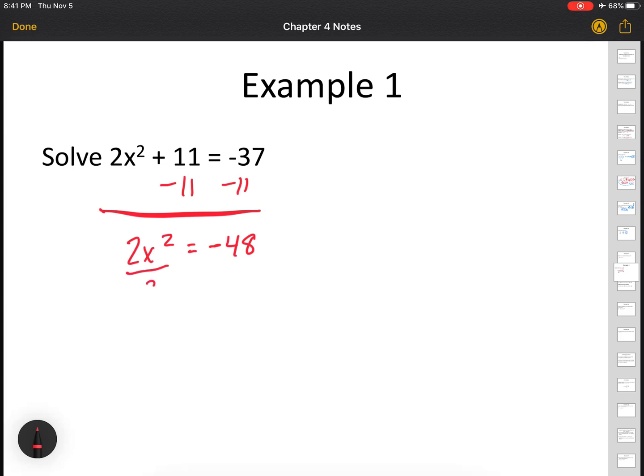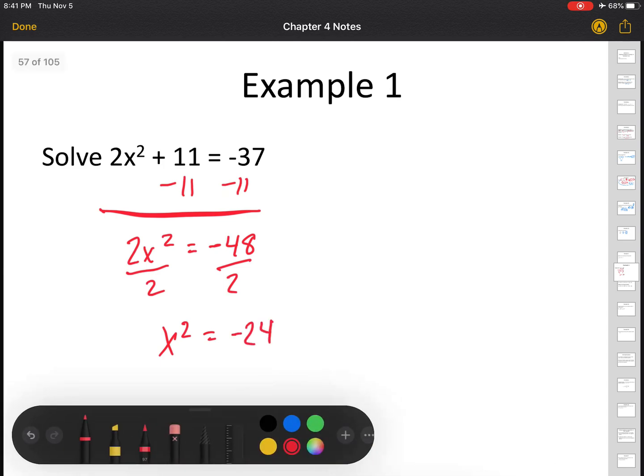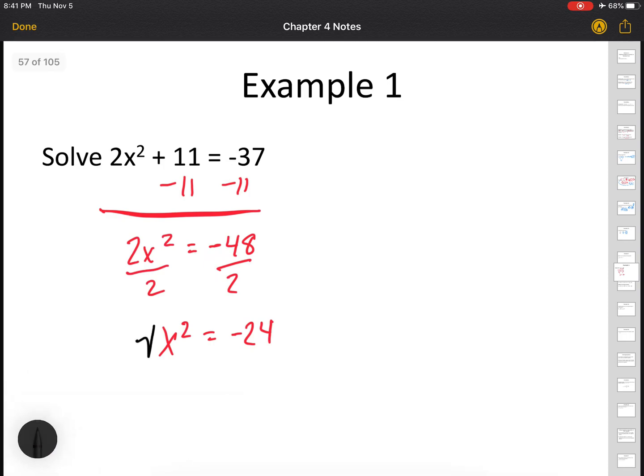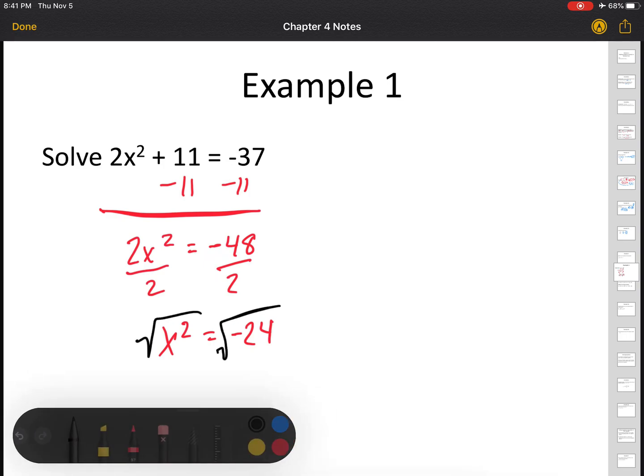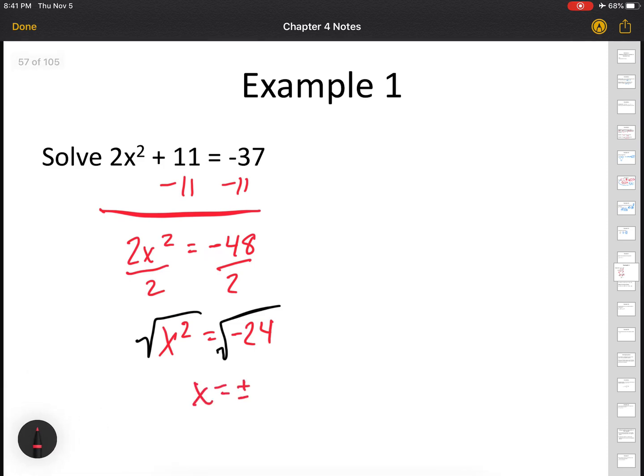So I'm going to divide by 2, which gets us -24. And I want to get rid of the x squared by taking the square root on both sides. But remember, we need the positive or negative case of the square root of -24 because we're solving for x and we need to consider both the positive case and the negative case.